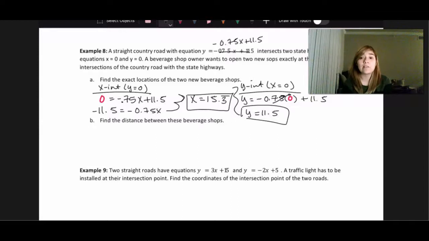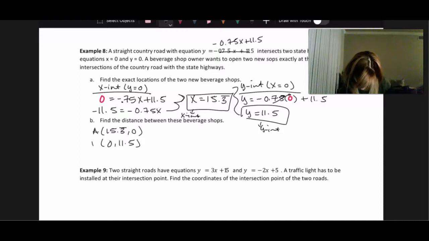Now, they say find the distance between these beverage shops. So we are going to use the distance formula. Now, this is really my x-intercept, and this is really my y-intercept. So really, my points are (15.3 repeating, 0) and (0, 11.5).